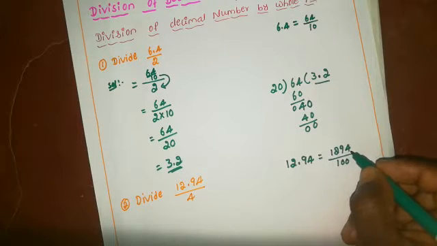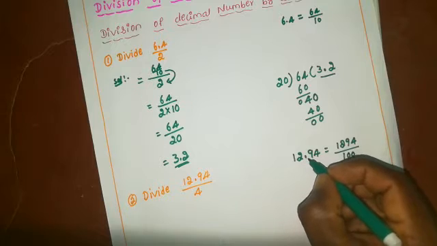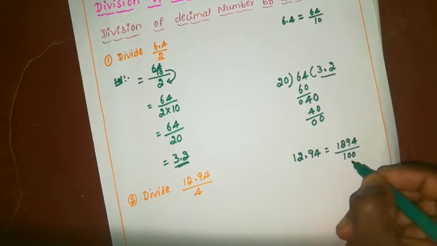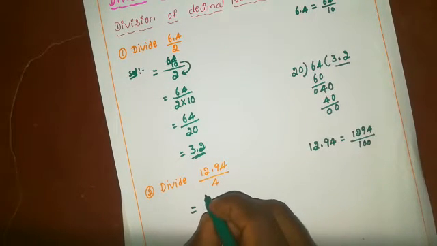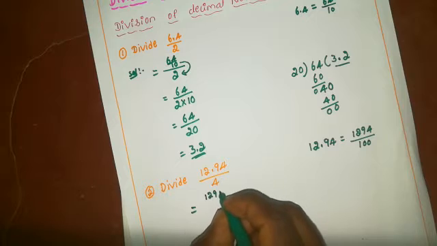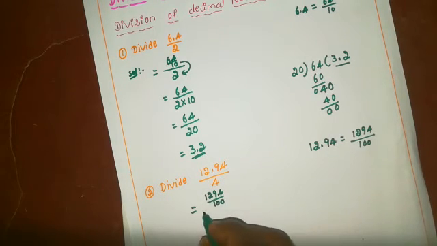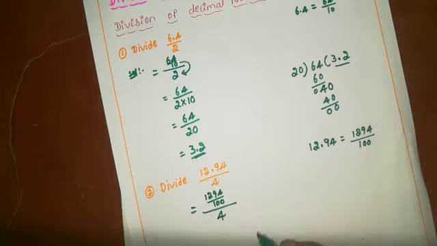Now it is in fraction form: 1294 divided by 100, which we can write as 12.94. Now we write 1294 divided by 100, whole divided by 4.